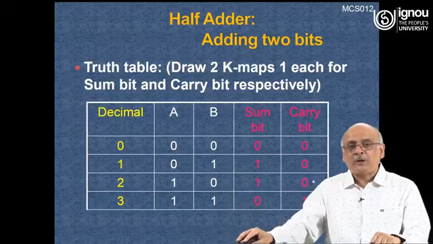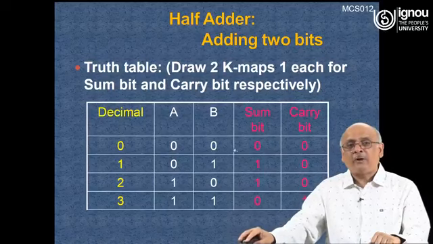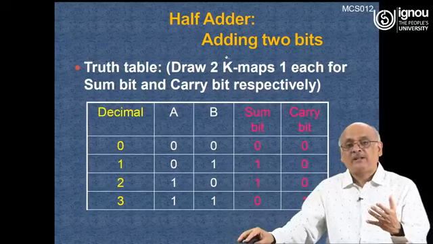So whenever you want to draw a circuit, first draw the truth table. That is very, very important. Once you draw the truth table, perform the simplification using a K-map. A K-map may not be applicable in all cases; maybe algebraic simplification is needed. This is just an example we want you to be familiar with, and we give you the K-map because it is the simplest.